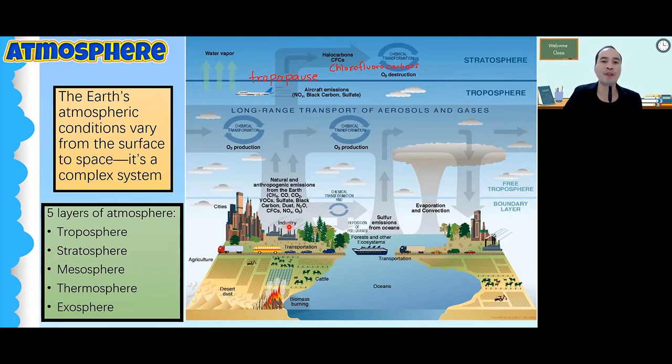What will happen to your oxygen and nitrogen level? They will also start to go down, right? So these cities, industries, and transportation can cause changes in the level of your atmospheric gases. And one of the changes is what we call air pollution.